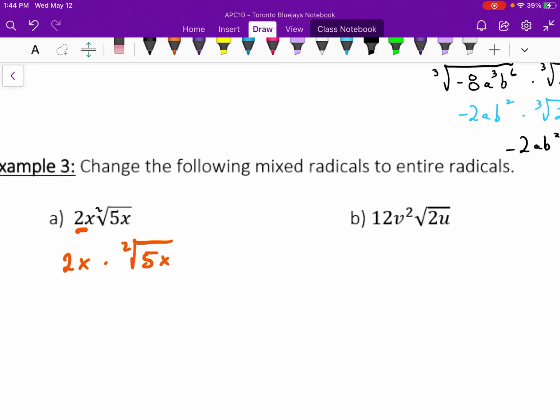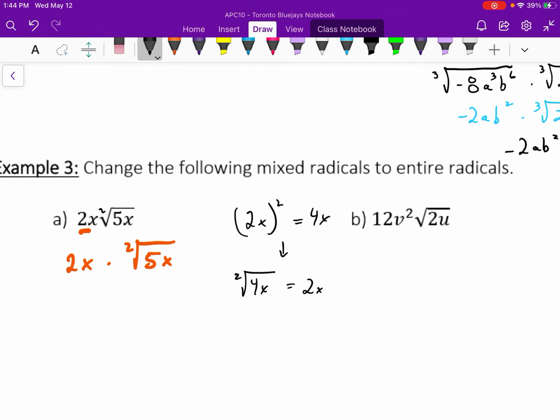So really, this is what I do. I take 2x and I square it, and that creates 4x squared. And this implies the square root of 4x squared is equal to 2x. So I reverse engineer 2x so that it has the index of 2 for a radical.